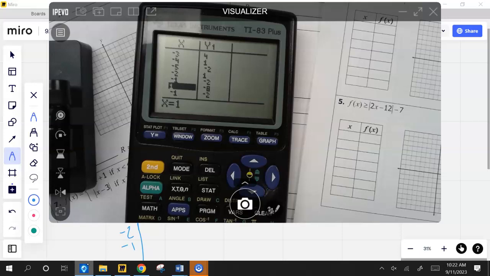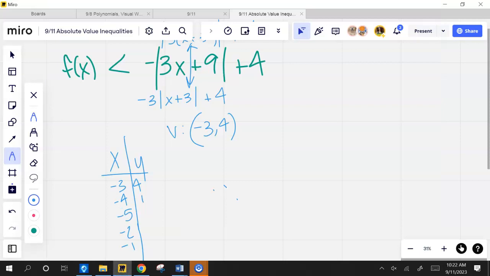Are you doing minus or are you doing negative? Negative 2, 1. And then negative 2. All right, so let's plot these.